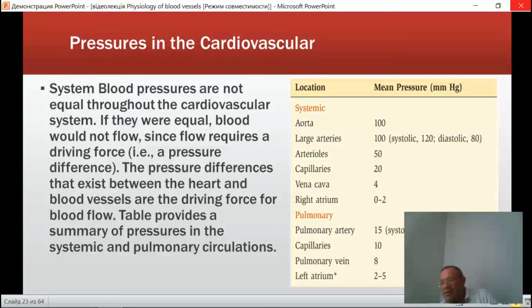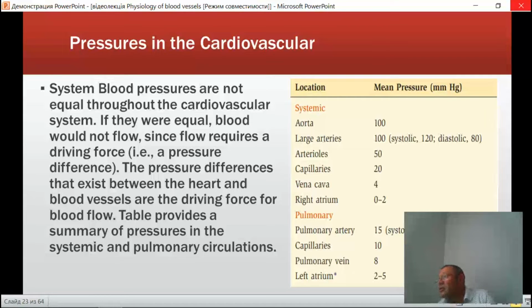The table provides a summary of pressure in the systemic and pulmonary circulation. The first line shows location in the systemic and pulmonary circulation, and the second line shows mean pressure in different vessels.